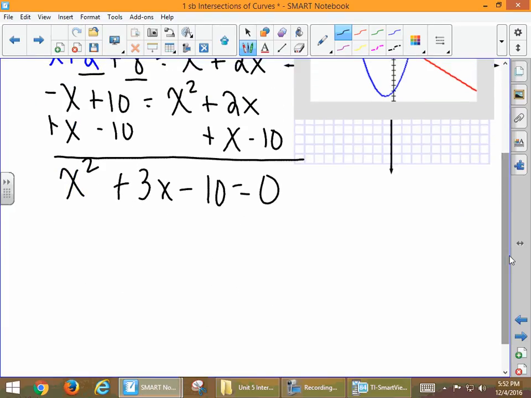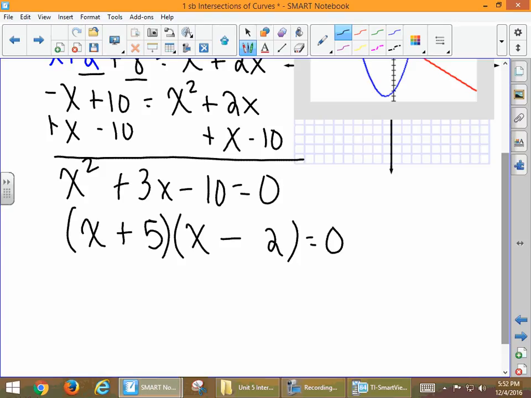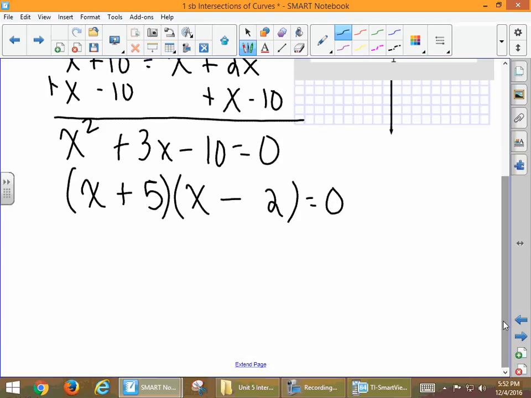Well, now that we know that, we're going to factor. And the factors of 10 are 5 and 2. In fact, it's going to be plus 5 and minus 2, which ultimately means that x equals negative 5 and x equals positive 2.